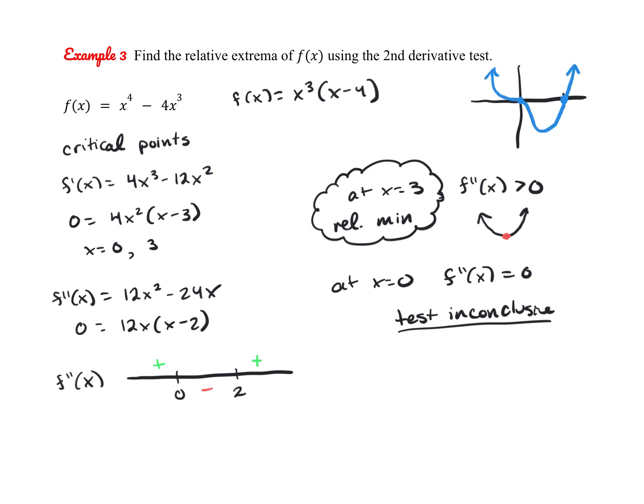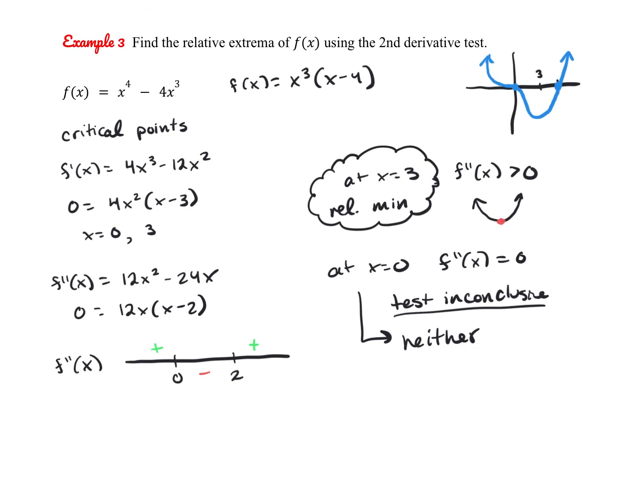So it turns out at x equals 0, we have neither a relative minimum nor a maximum. And then here's when x is equal to 3. That's when we have that relative minimum.